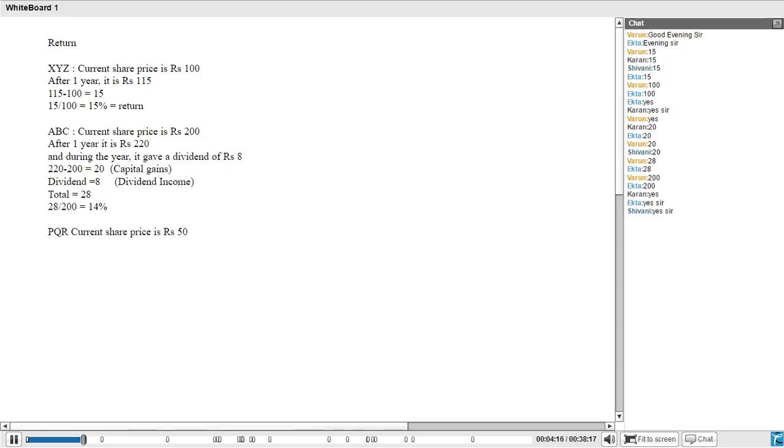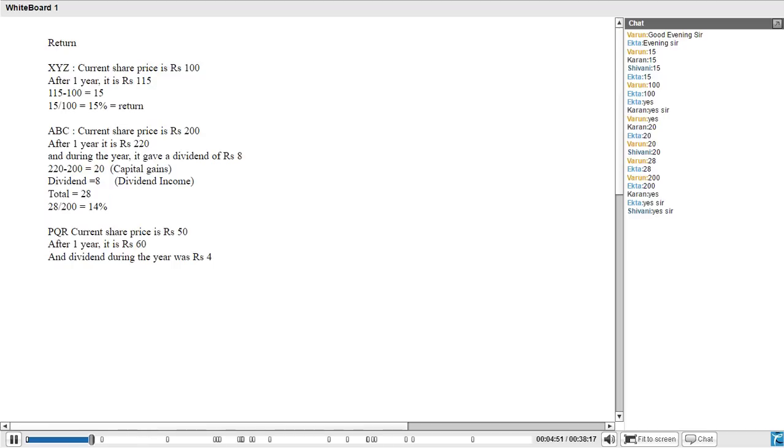After 1 year, it is rupees 60, and dividend during the year was rupees 4. So what is the return in this case? Can all of you compute and tell me? If I bought a share of PQR a year back, what was my return?